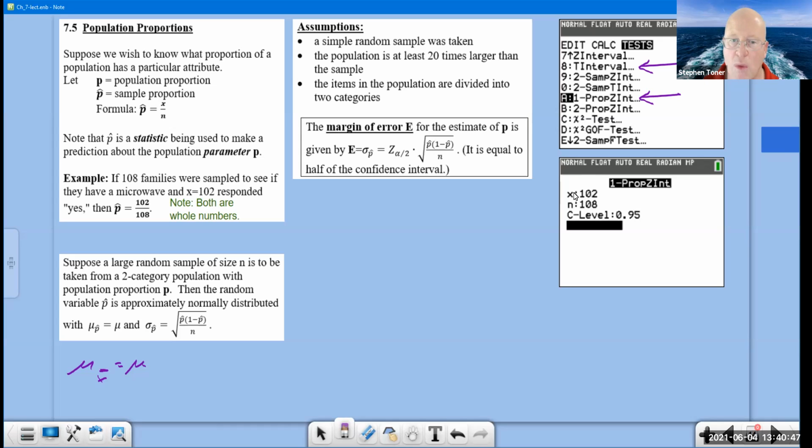When you go into choice A, there are only 3 lines. You enter your x, you enter your n, and then you enter the confidence level as a decimal. So this would create a 95% confidence interval based on that 102 out of 108 that we saw a moment ago dealing with the proportion who own microwaves.